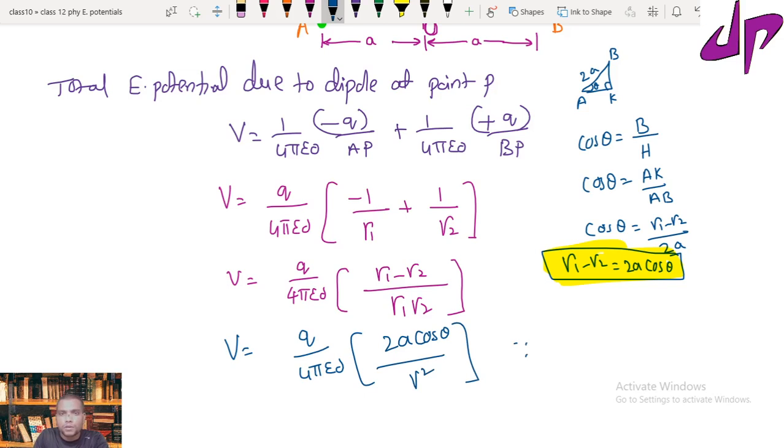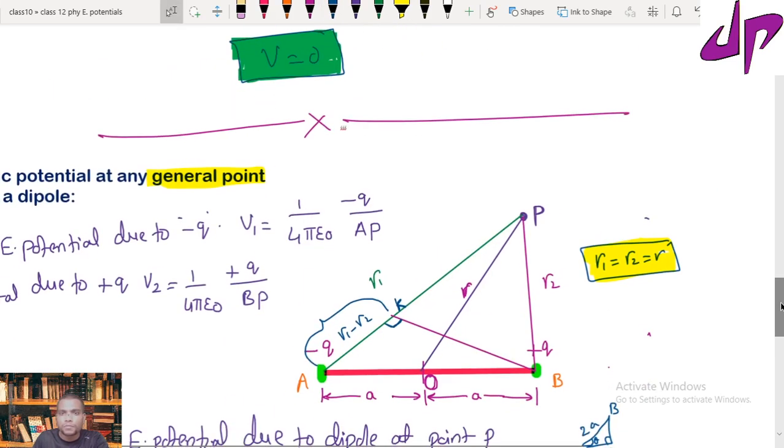Since from the figure R1 equals R2 equals R, you can observe this carefully once more. By drawing this perpendicular bisector from point B to side AP, we made these three distances equal.